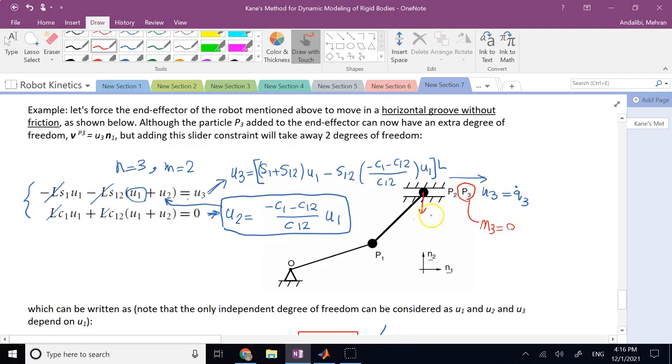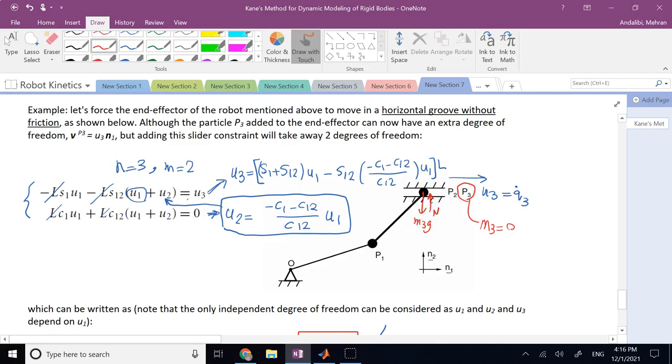But even at most, you have this m3g, which is definitely not an active force. Why? Because the end effector here, with that particle or itself, has to move horizontally. This force is acting vertically. The normal force from the walls also is not an active force. It doesn't do any work, right?